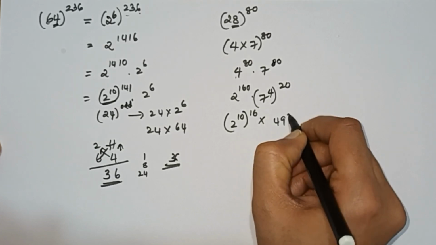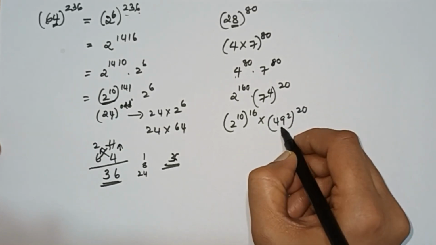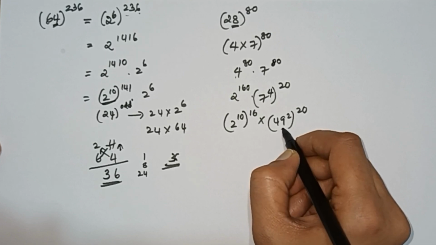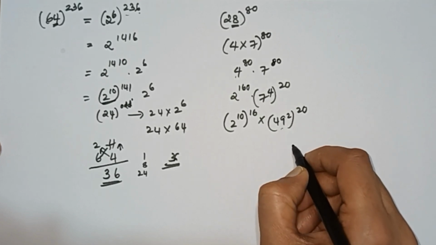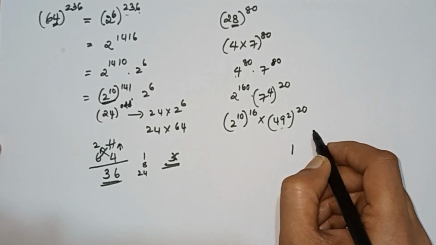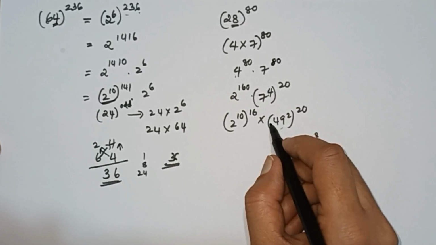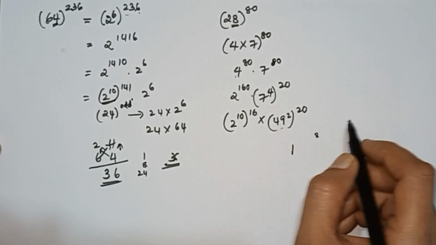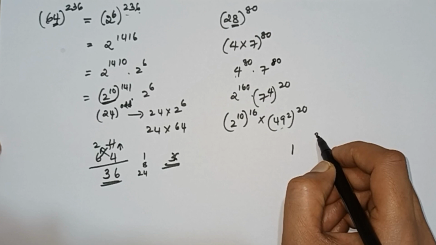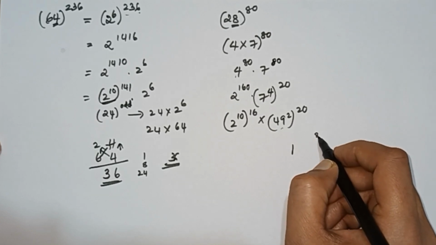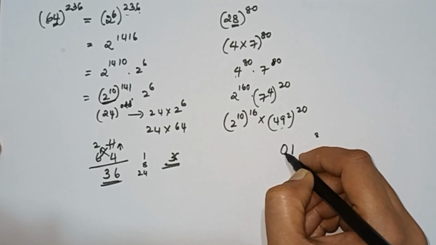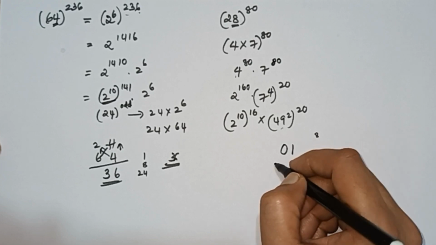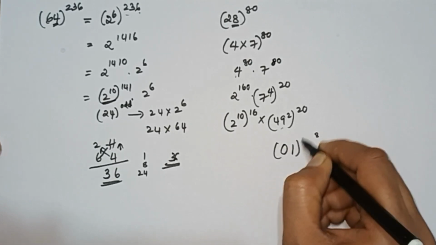So 49 square to the power 20. Last two digits of 49 square are calculated as 9 square, 81. So 1, 8 is the carry. 9 fours are 36. 36 twos are 72. 72 plus 8 gives you 80. So the last digit here is 0. So the tens digit is 0, and 1 to the power 20.